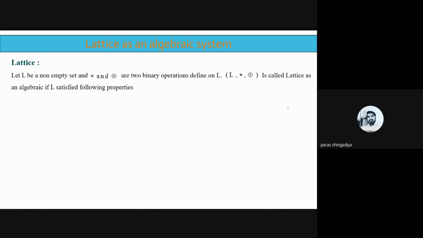L is a set, star and ring sum are two binary operations. Then L, star, ring sum is called a lattice as an algebraic system if L satisfies the following properties.